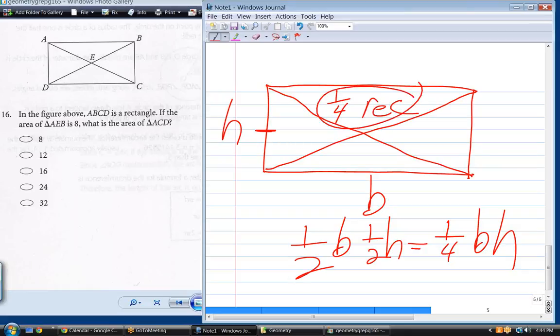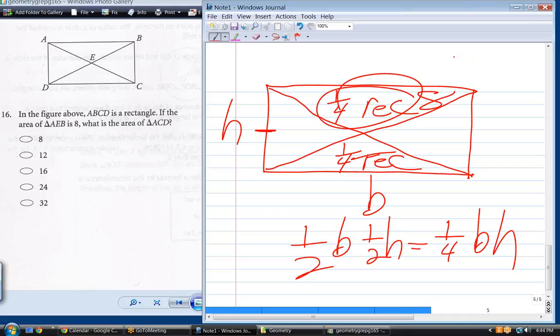All right. If that's 1/4, what is this one down here? 1/4 also. You can see by symmetry that they're going to be the same. Well, that makes this half and this half. So they're saying the area of this thing is 8. So what's the area of the entire rectangle?